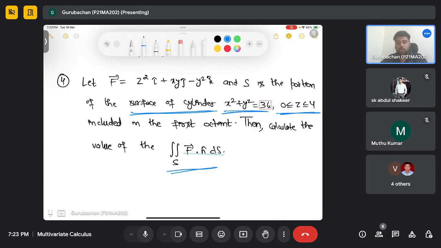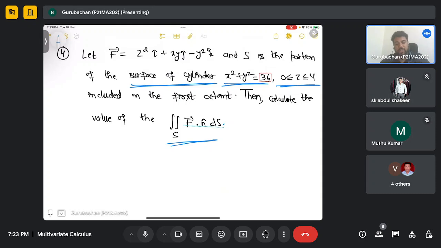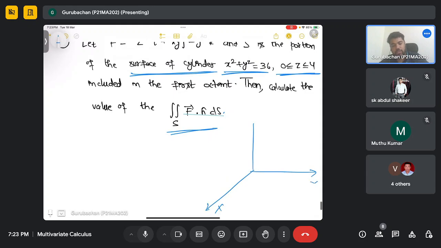I need to calculate this surface integral over the curved surface, so just follow the approach of directly calculating the surface integral. This radius is 6.